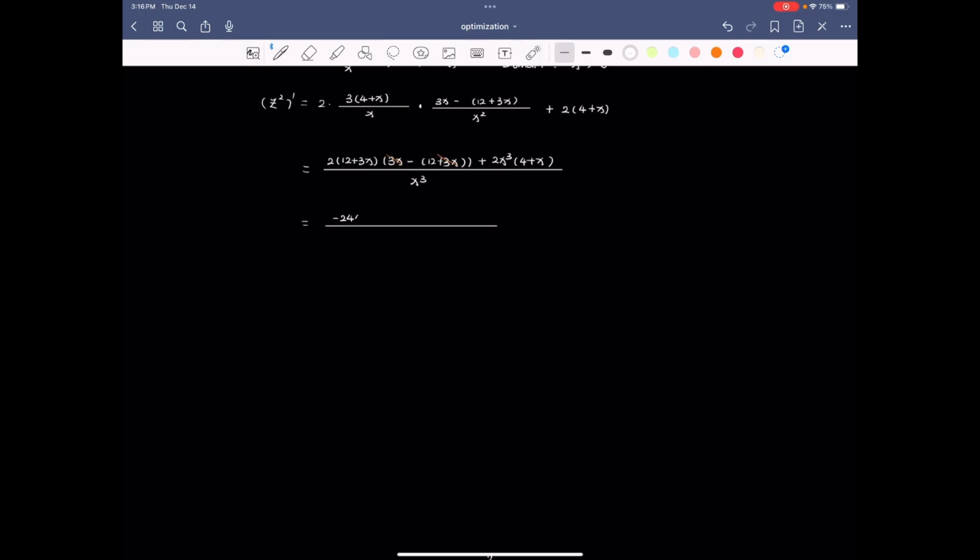Negative 24 times (12 plus 3x) plus 8x cubed plus 2x to the power 4, over x cubed.